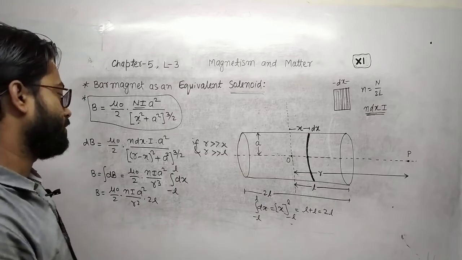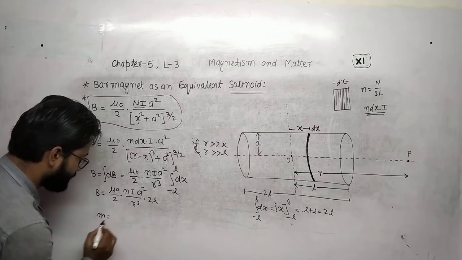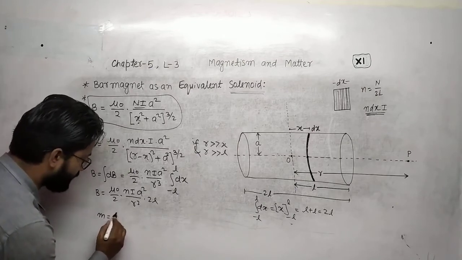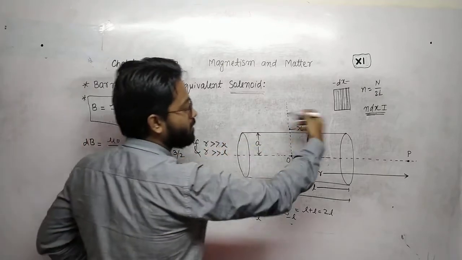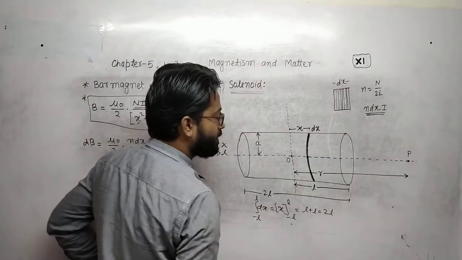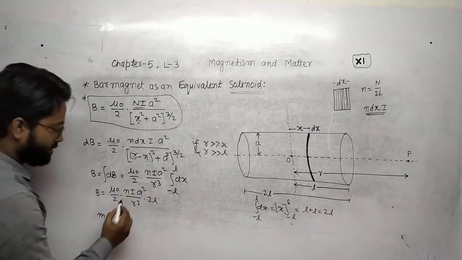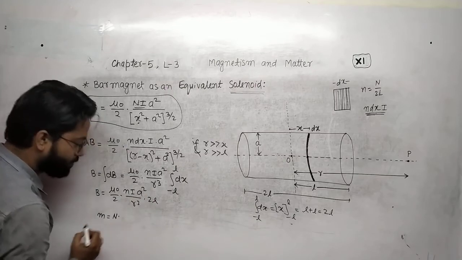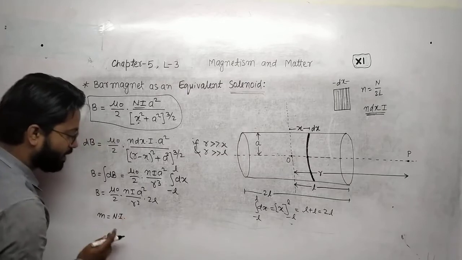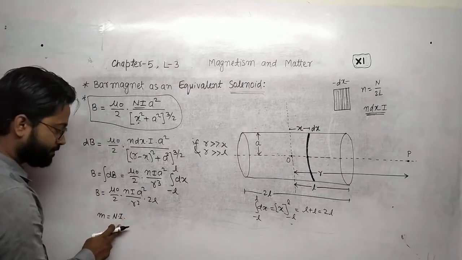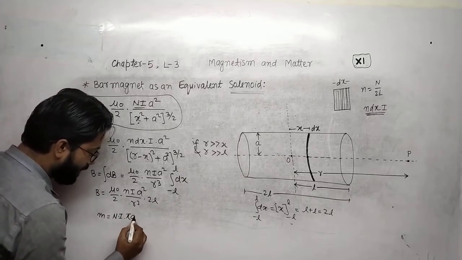Hope you are understanding. Now magnetic moment. You know that magnetic moment is the total number of turns into current into area. Total number of turns in the whole bar magnet is capital N, multiplied by current I, and the area is pi A square.